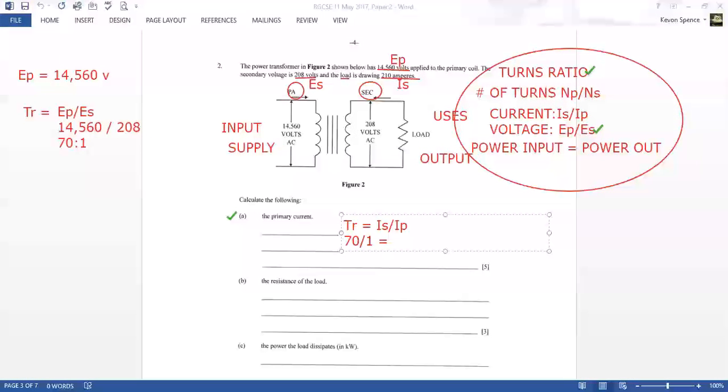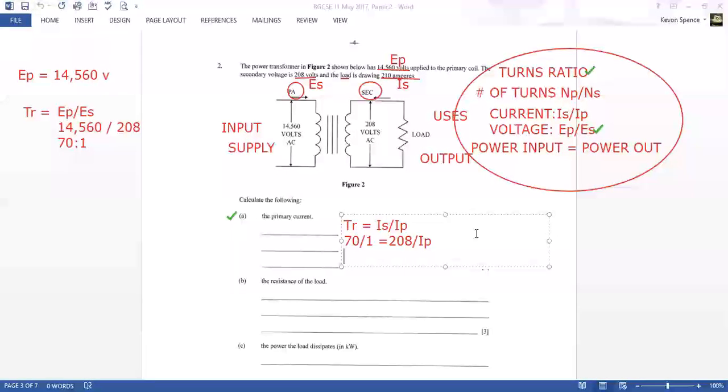And we will now put our secondary value in, which is 208 divided by our primary, which we don't know. So if we were to cross multiply, right?